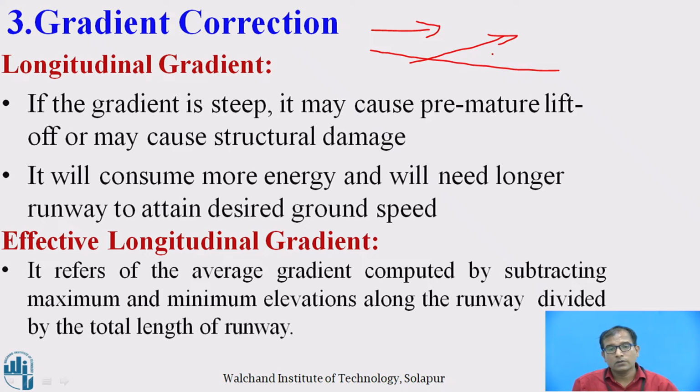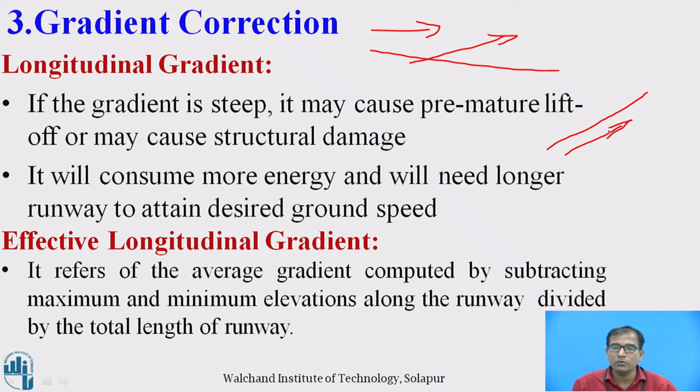So it will consume more energy. Or sometimes another case is where we have a slope like this, where the gradient is in an upward direction. The flight movement is in this direction.